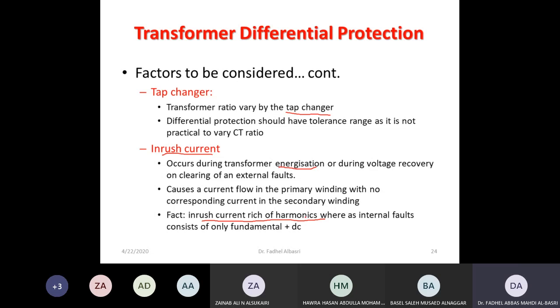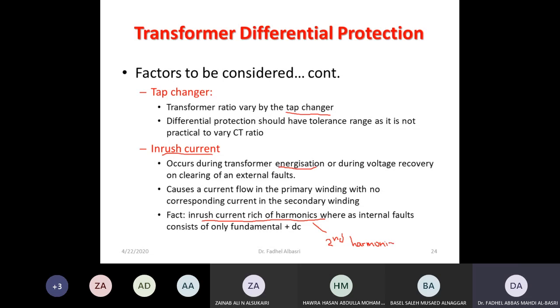And normally inrush currents are rich in second harmonic, so we can use the second harmonic as an indicator of the presence of inrush.